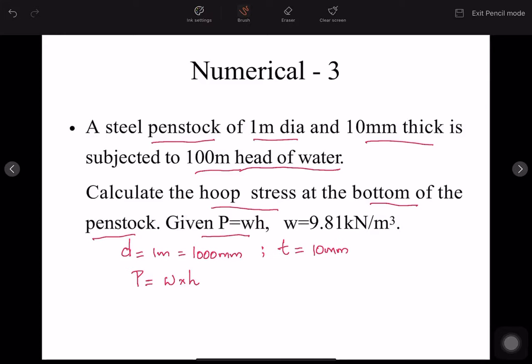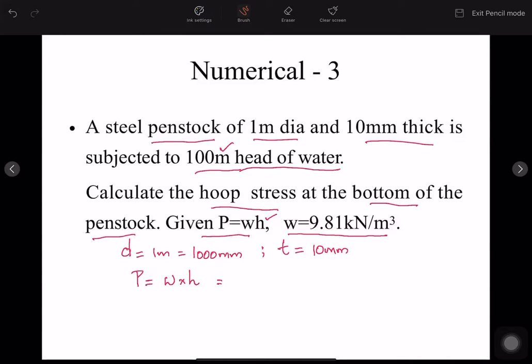So if we observe this small w value which he has given, 9.81 kilonewton per meter cube, it is the specific weight times of head of water. H is the head of water. That is why he has mentioned 100 meters head. This will be useful for our calculation of P value.